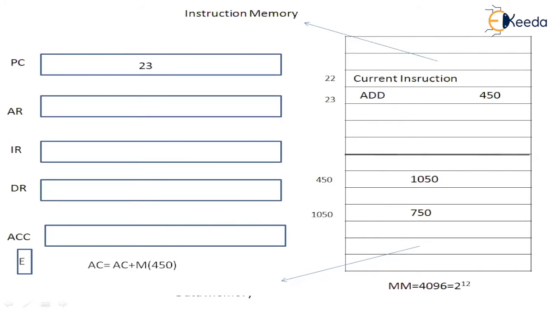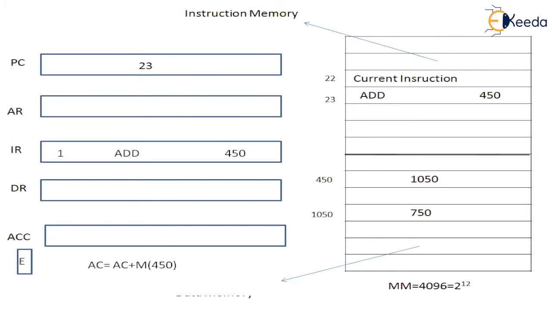If you want to fetch an instruction from the main memory, first of all, the PC needs to be transferred to the address register. Then memory of the address register should be transferred to the instruction register.